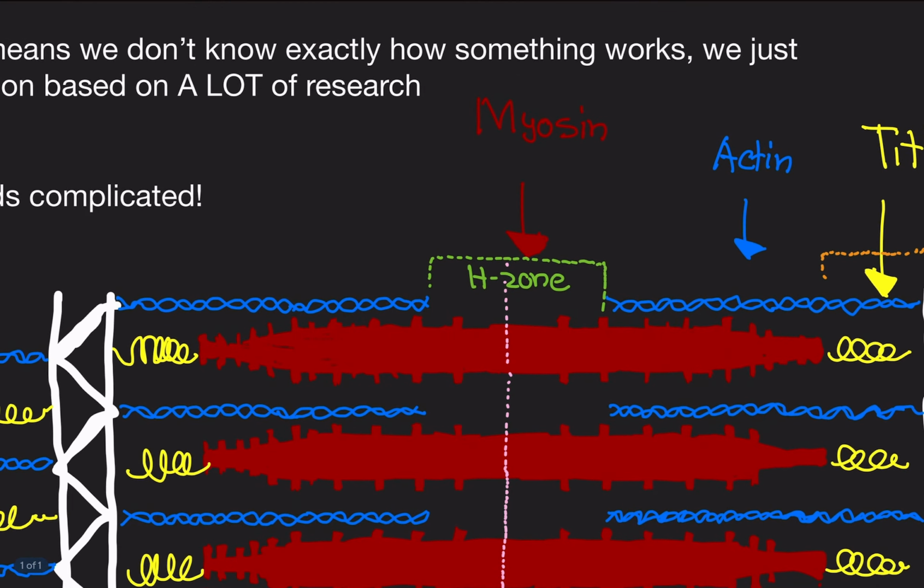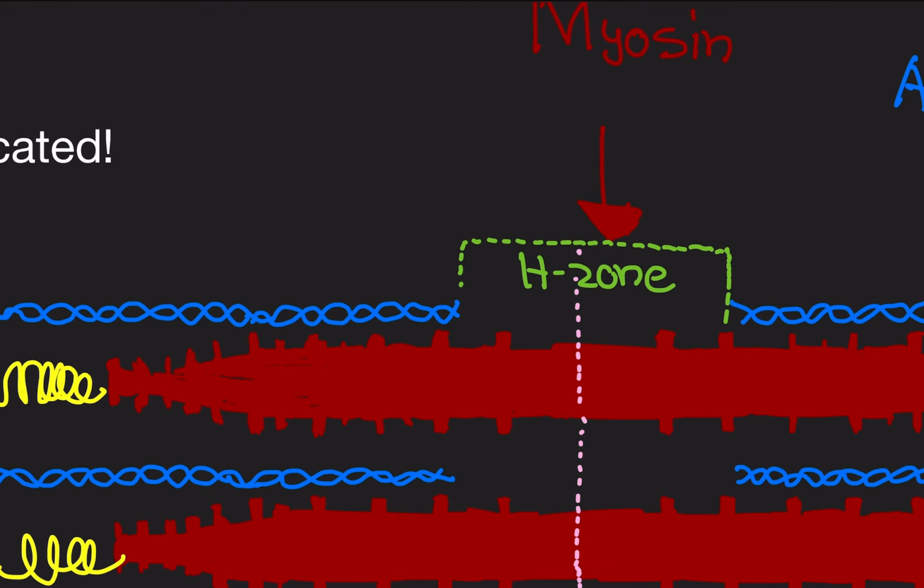So let's just say in a non-contracting muscle, we have, let's say, 50% overlap and 50% no overlap. So actin and myosin, 50% are overlapping, and the other 50% are not.